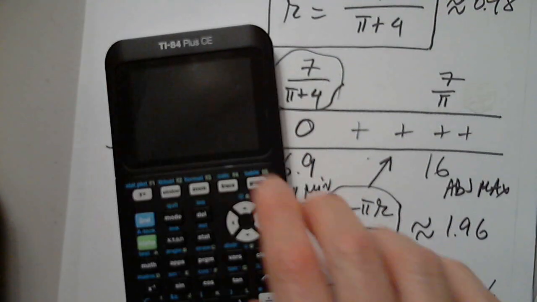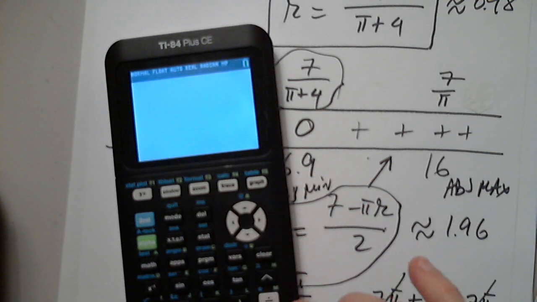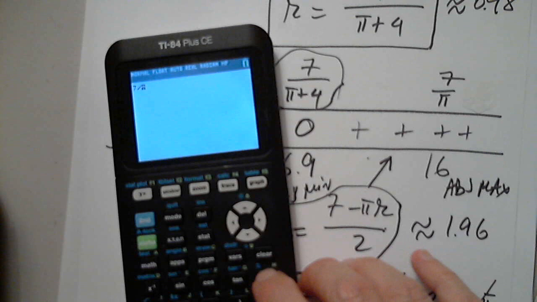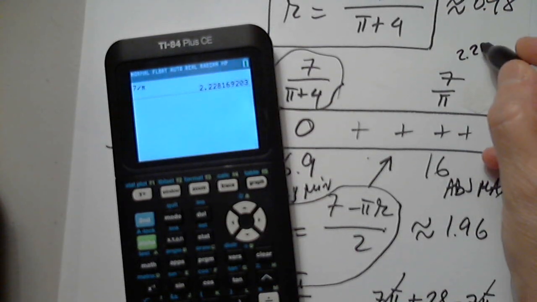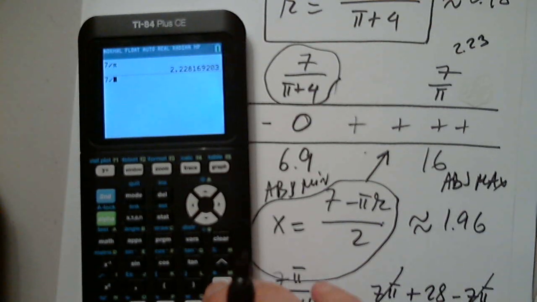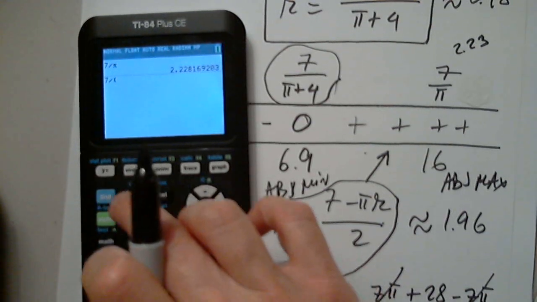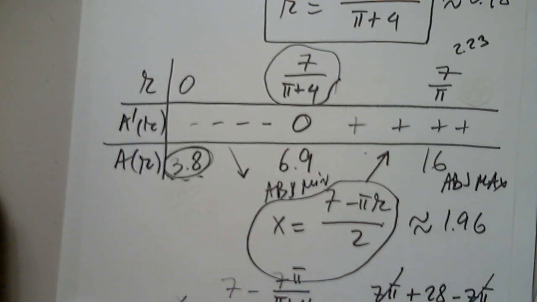How much is 7 divided by pi? Okay, this is 2.23. How much is this? Maybe that's my error. No, that's okay. So between 0 and 2, this is correct.